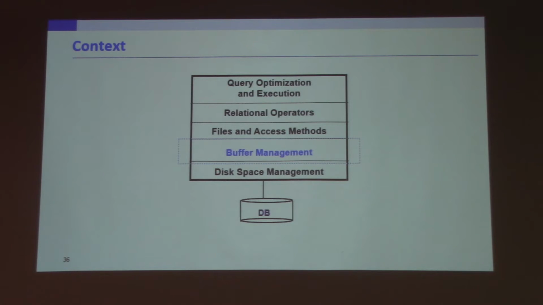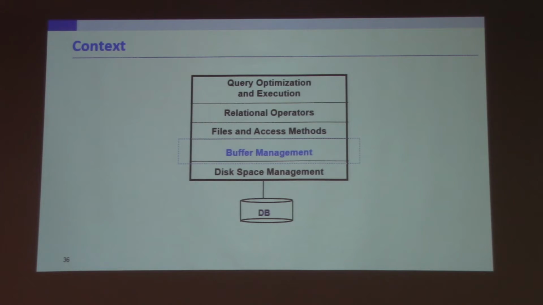But we know data from the database are stored on disk or some secondary storage medium, either disk or SSD. Why? Because those are non-volatile. Memory is volatile. You cannot store your data on a volatile storage medium. This brings up an interesting challenge: whenever you try to do something to your database, you cannot operate over data directly from that secondary storage medium, whether it's a disk or SSD.